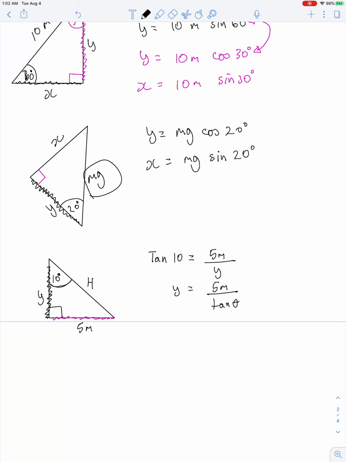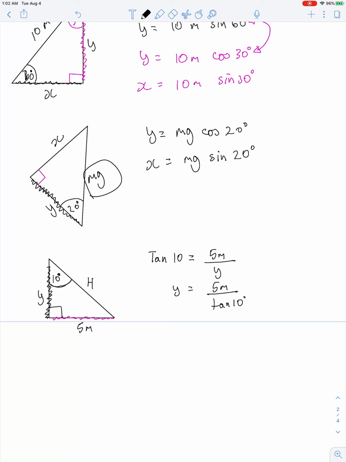And this goes either way, whether it's your opposite side or your adjacent side. You just rearrange for it if you don't have the hypotenuse. And once you have those two sides, then you could use the Pythagorean theorem to find H if you wanted.